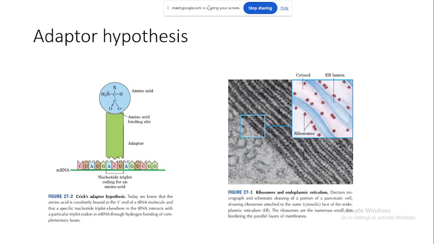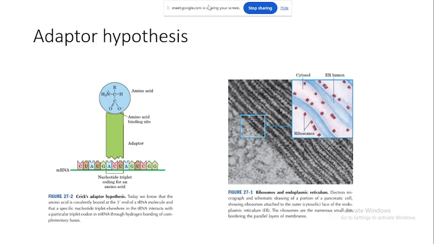So we will first start with protein synthesis, right? And this protein synthesis process is called translation. There is a hypothesis called the adapter hypothesis. Initially people didn't know how this translation process actually works, how proteins get synthesized in the cell.